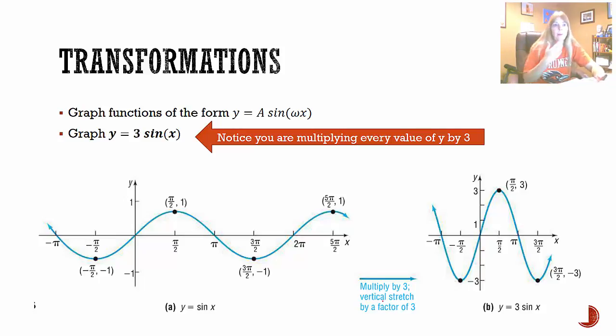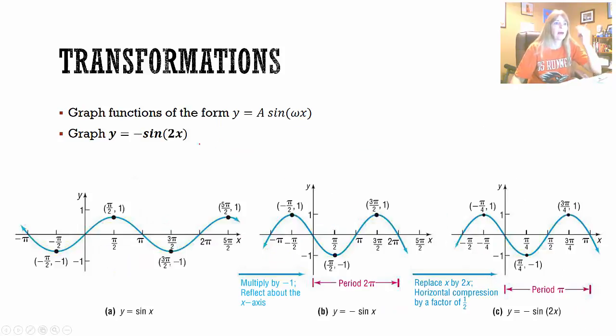Again, if you remember transformations, vertical stretches are a nice way to go from just the basic sine function to something that you're stretching. If I have the minus sine of 2x, I start out with my sine, so that's the normal one. And most students remember the negative of the function with the parabola, x squared.